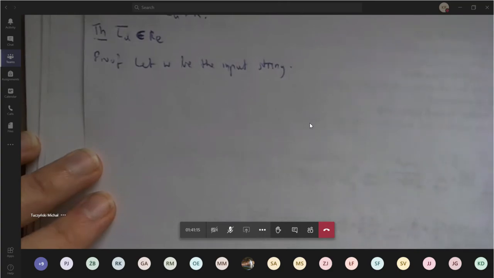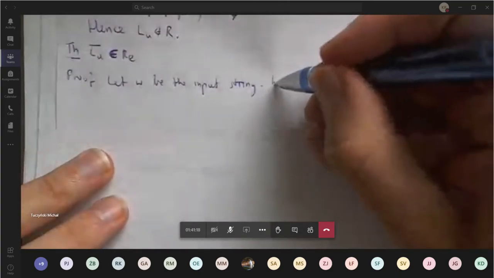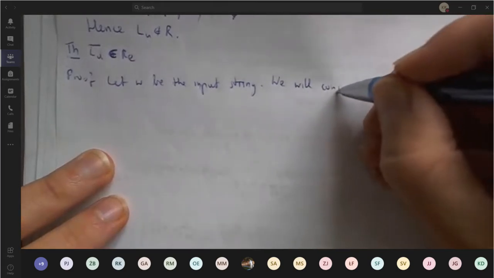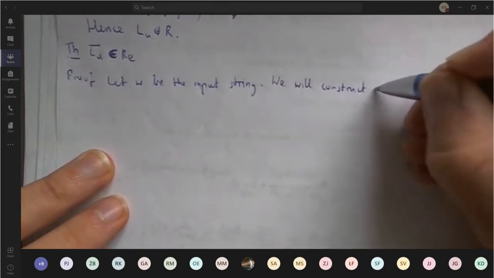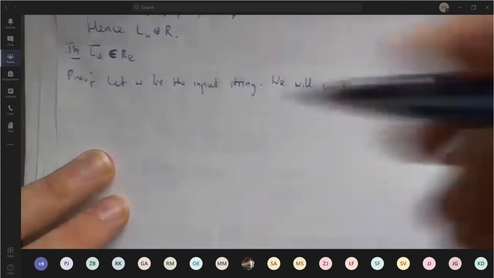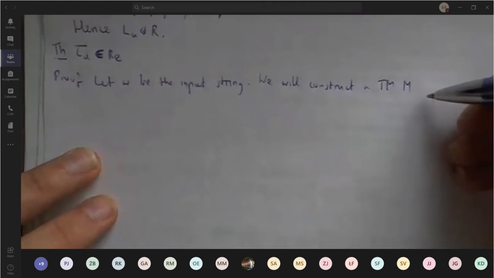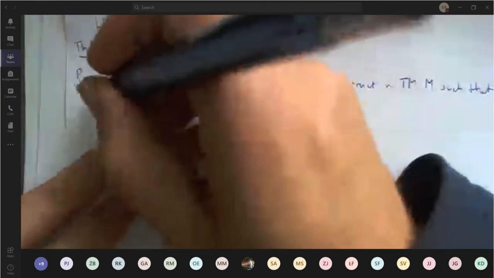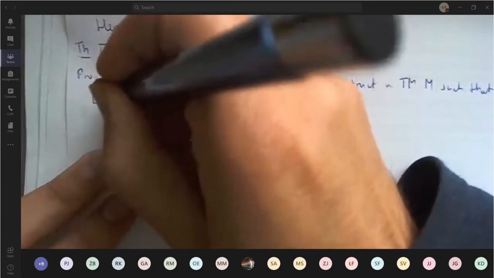And we will construct the Turing machine that accepts this language.